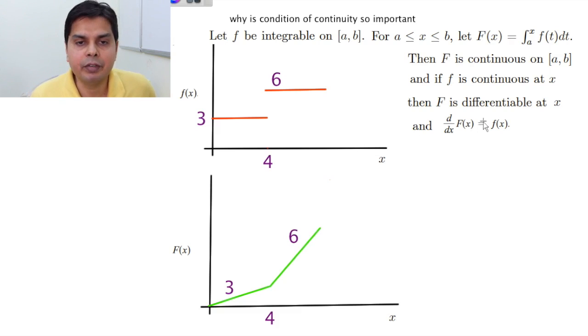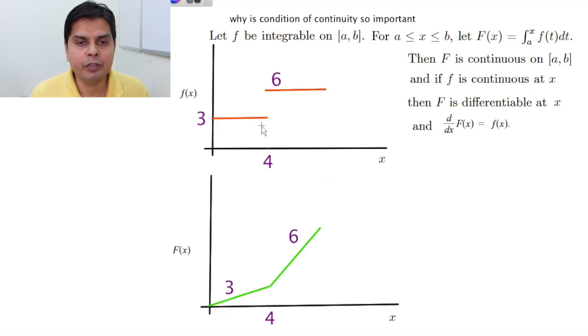At this corner point my function is not differentiable. So once again, when I take a discontinuous function, I can integrate it, but suppose 4 is my point of discontinuity. Before 4, what is the derivative? The derivative of this function f(x) is 3, so it is increasing at the rate of 3.